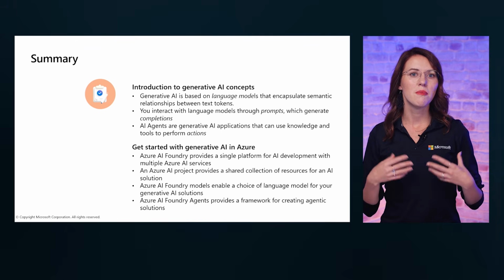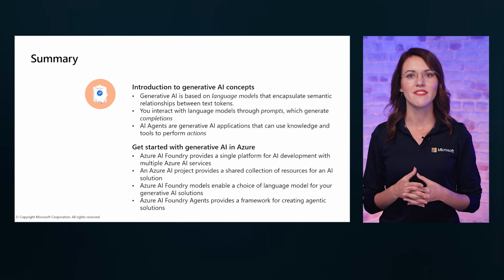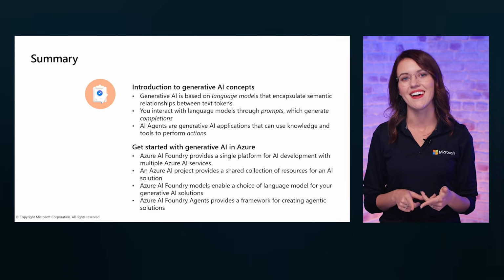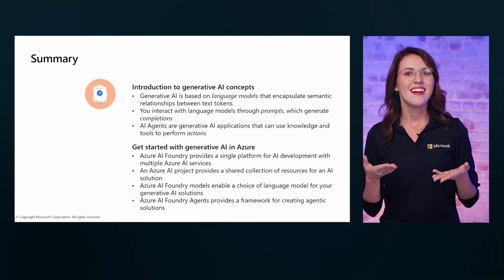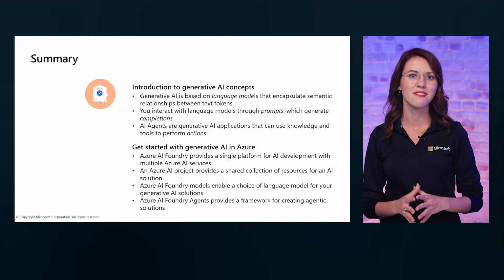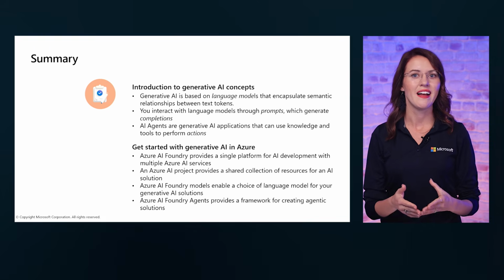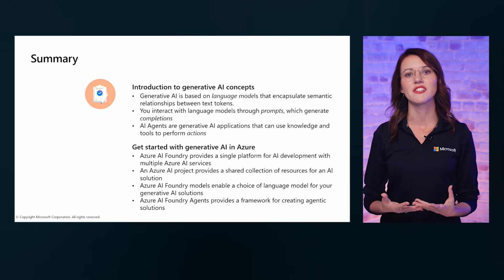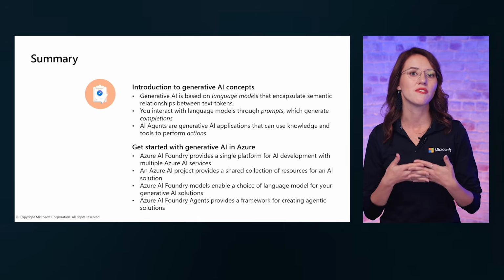Azure AI Foundry provides a single platform for AI development, offering resources for models, agents, and orchestration. Its model catalog allows you to choose and deploy the right language model for your solution, and its agent service gives you a framework for creating agentic solutions that can transform workflows.